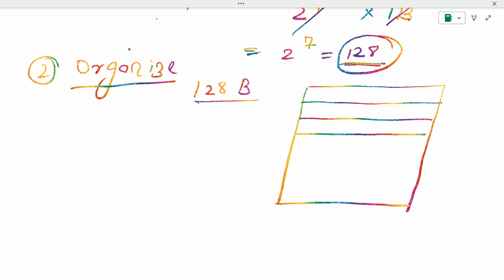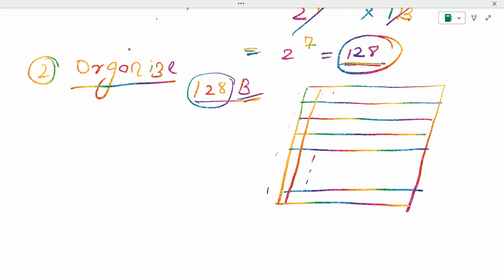Let's say this is our RAM chip, and so on up to this. This 128 represents the number of rows, and this byte represents the data, so data in terms of bits. It will be 0, 1, 2, so on up to 7. So 8 bits of data one row can hold.